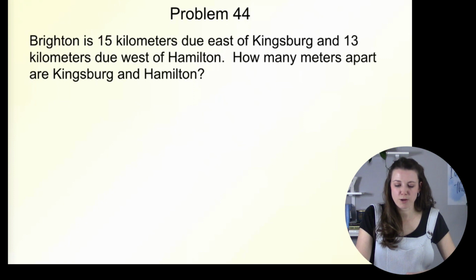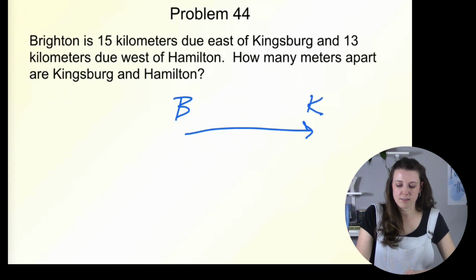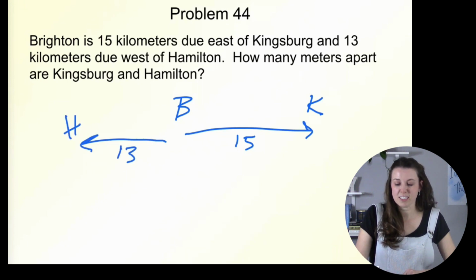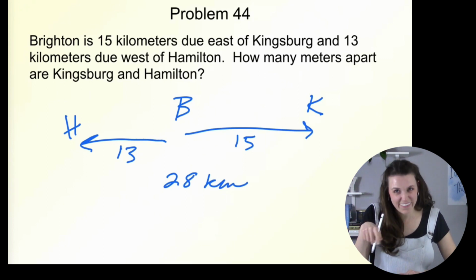All right, so I'm going to start with Brighton in the middle, and going east we have Kingsburg, and that is 15 miles. And then it says going west is Hamilton, which is 13 kilometers. Add those two together and I get 28 kilometers, and I mark that as my answer and I get it wrong.